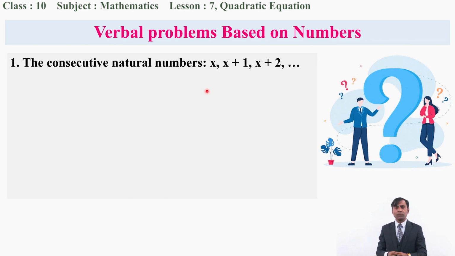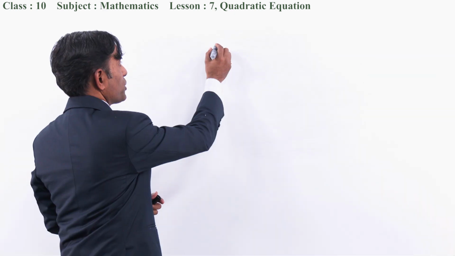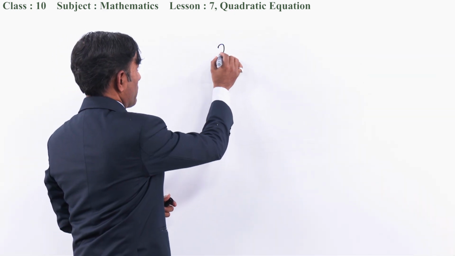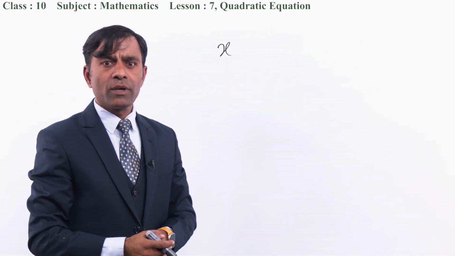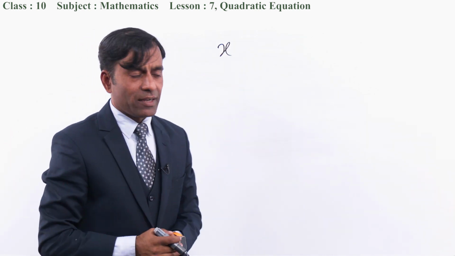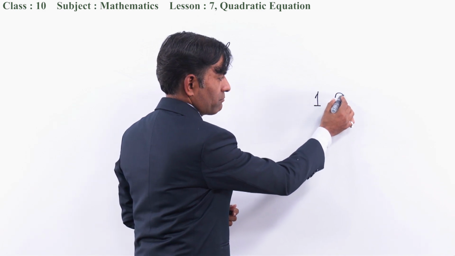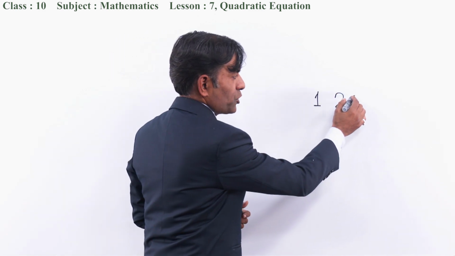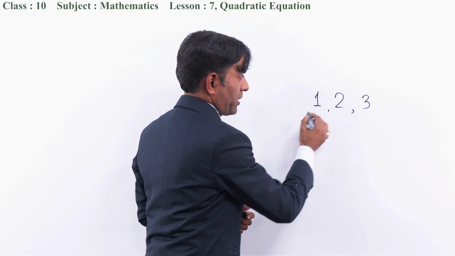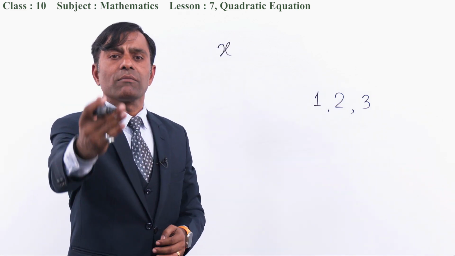So if we suppose one is x, let's see here on the board. One consecutive means one natural number. When we take x, it is unknown. We know natural numbers go 1, then 2 after 1, and 3 after 2, and so on, which means each number is increasing by 1.